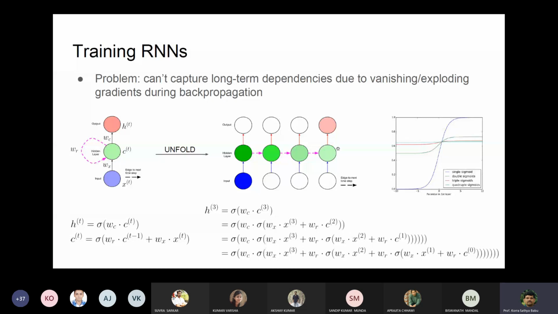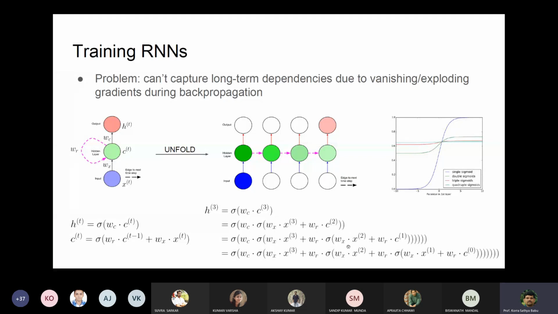This C of 3 can be expanded again. C of 3 is nothing but Wx into x of 3, the input at time 3, plus Wr, the value attained from the previous output, into C of 2.